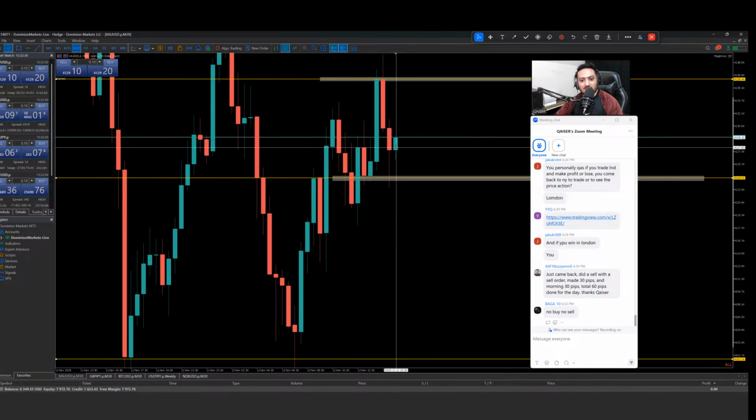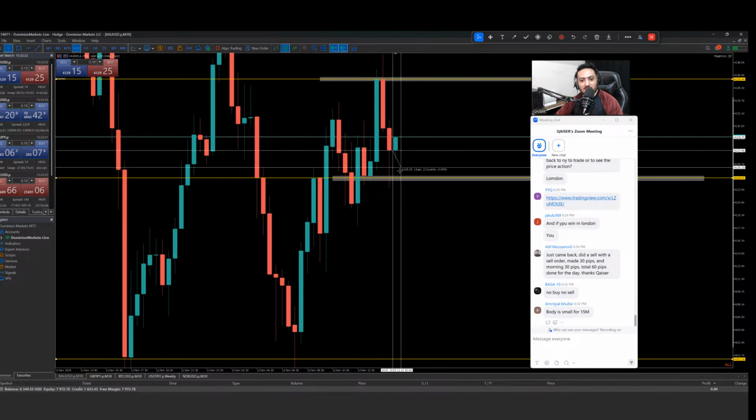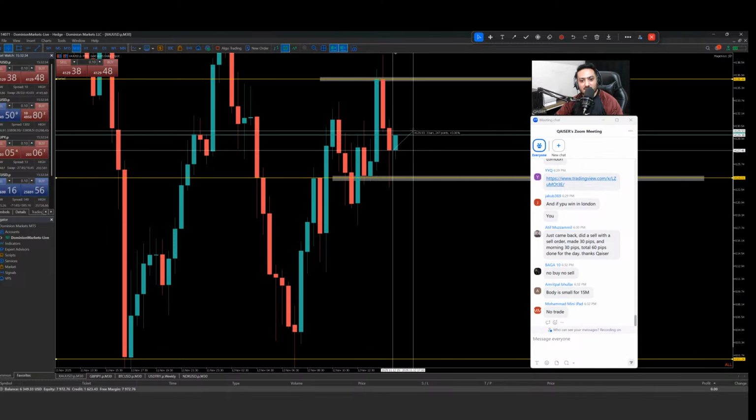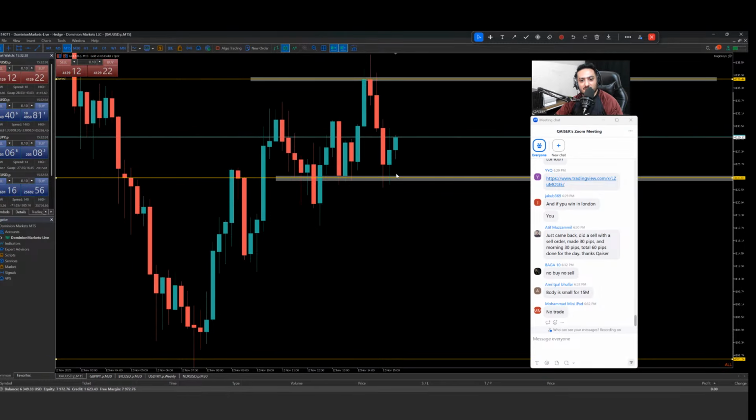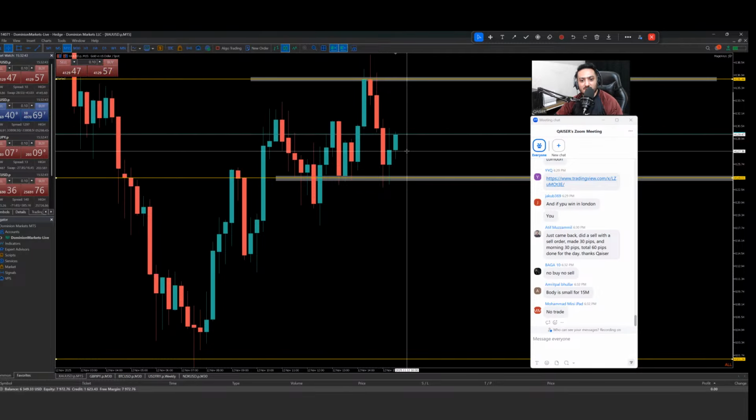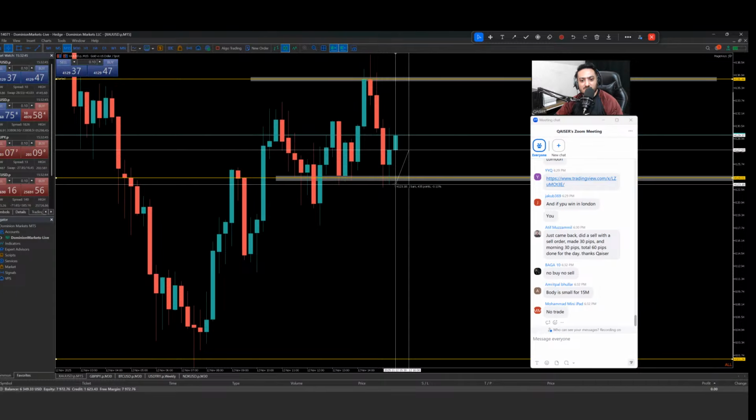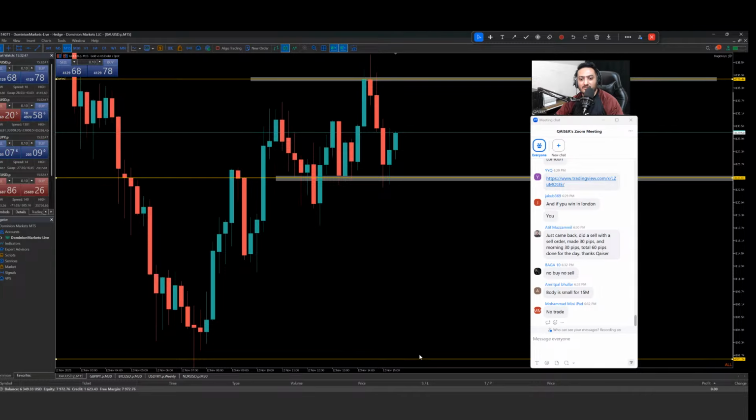M30, the rejection wick is bigger than the body. 15-minute even has a bullish candle here. No, I'm just not satisfied. I will wait for the 30-minute candle to be closed, to be honest.